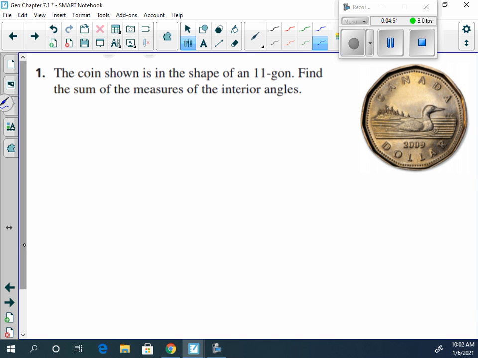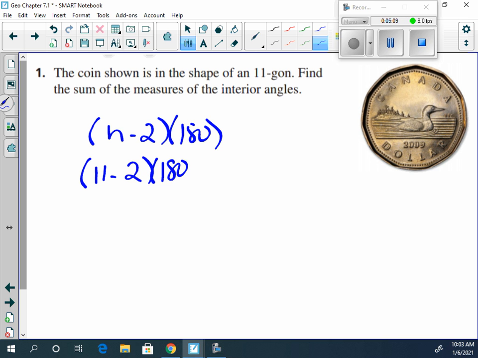The coin shown in the shape is an 11-gon. Find the sum of the measure of the interior angles. So how many sides does it have? 11. So we're going to plug 11 into our formula, 11 minus 2 times 180.